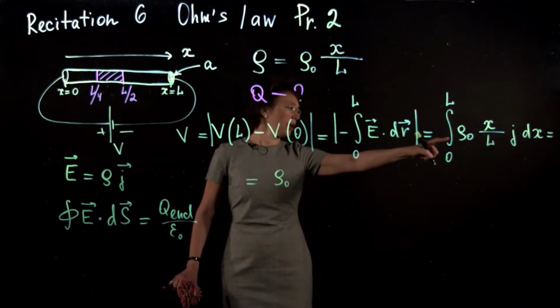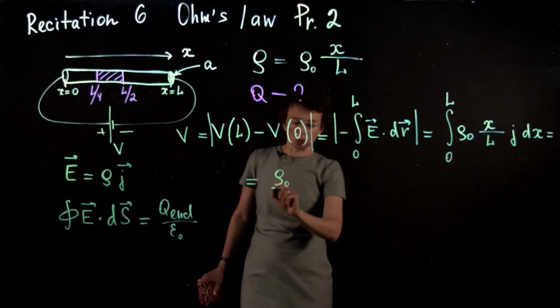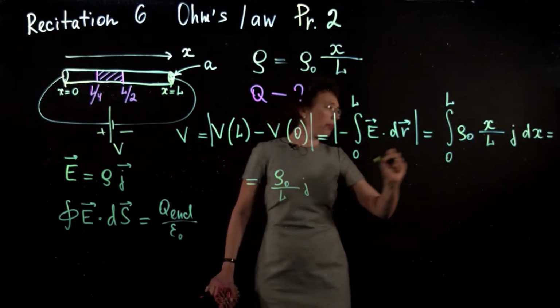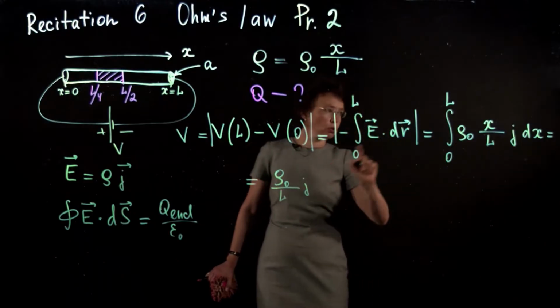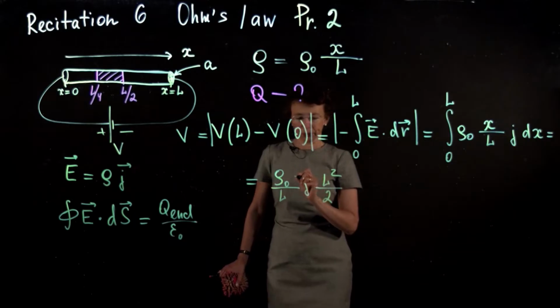J is constant. I take it out of the integral. Rho naught is an unknown constant. We are looking for J. Rho naught over L, J, and then X squared over 2, upper limit L squared over 2.